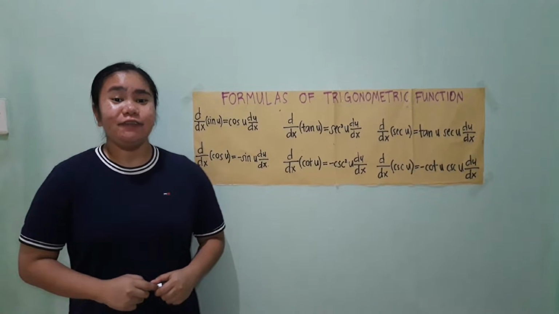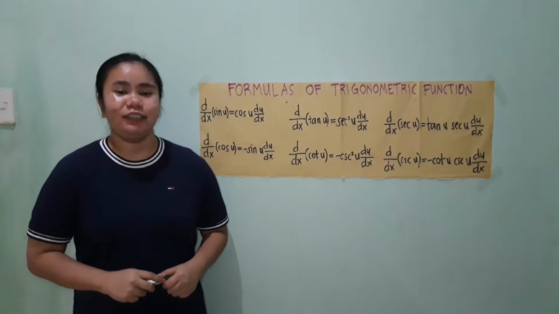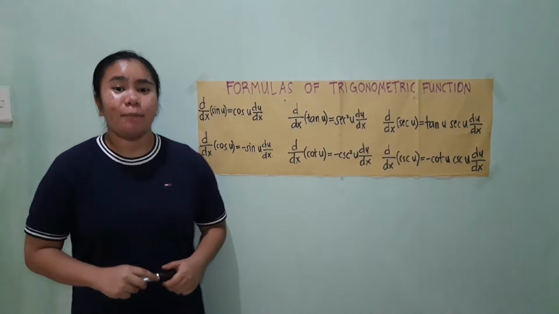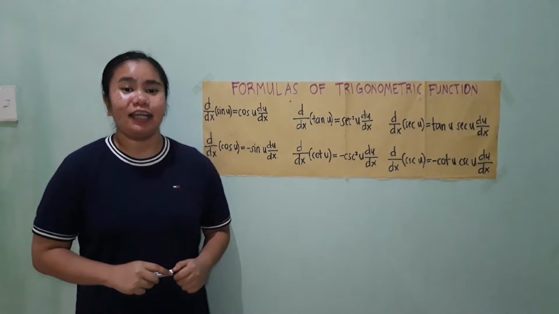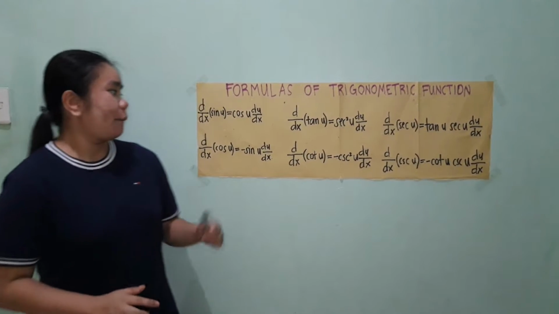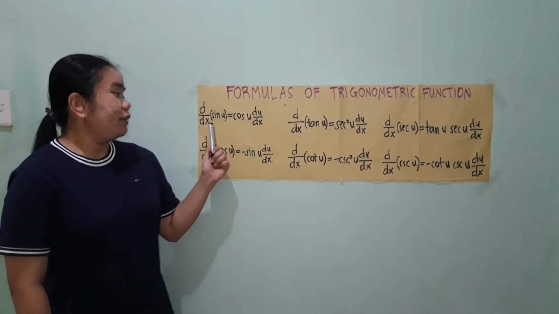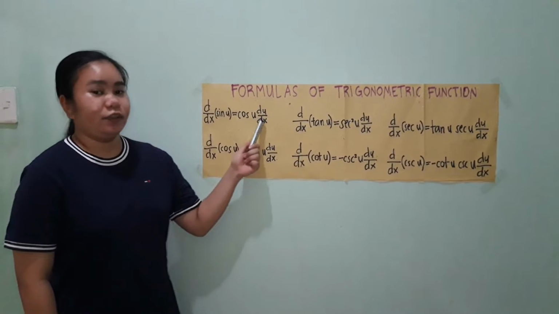To get the derivative of the trigonometric functions, there are formulas that we need to consider and memorize para masagutan natin or makuhanan natin yung mga functions na kailangan natin kunan ng mga derivatives. So, these are the formulas. The derivative of sine u with respect to x is equal to cos u du dx.